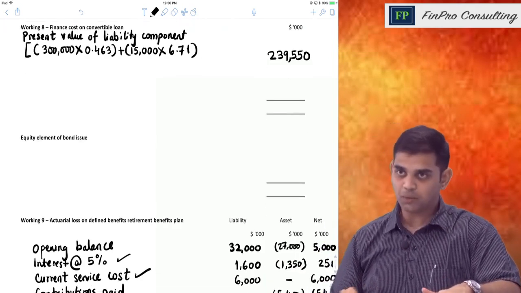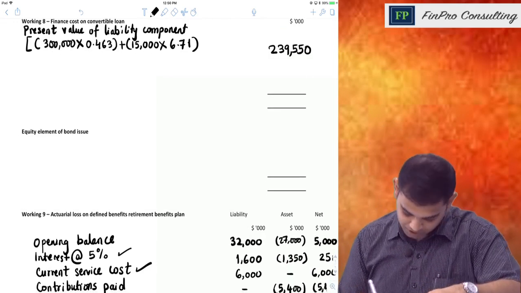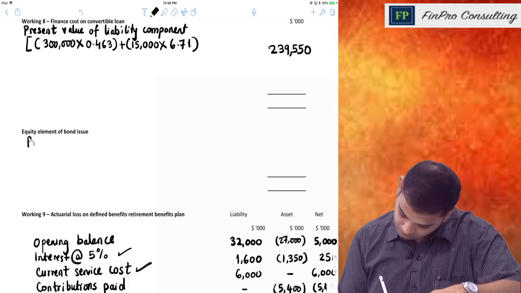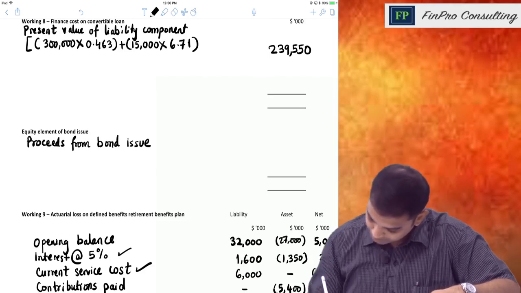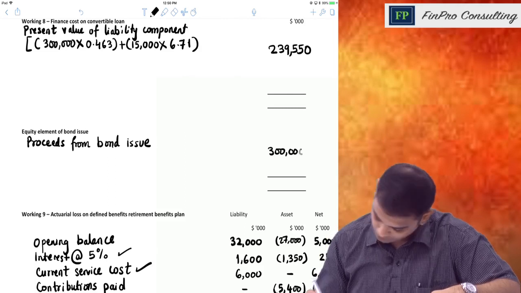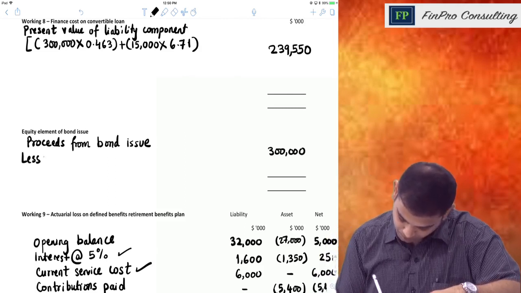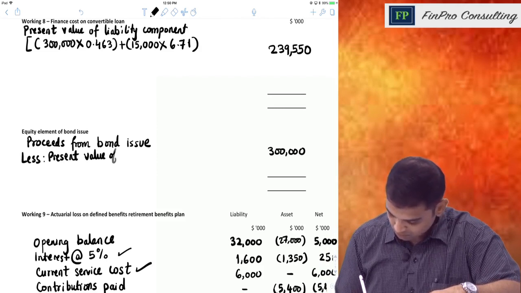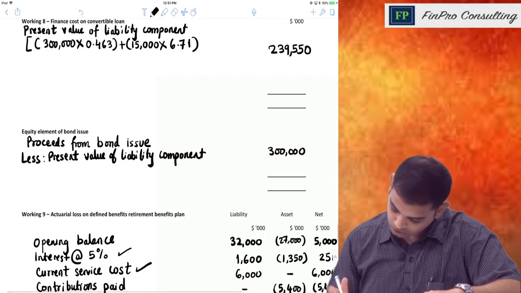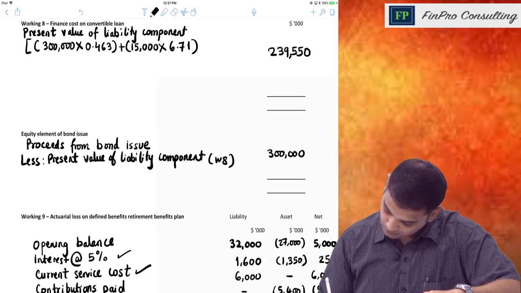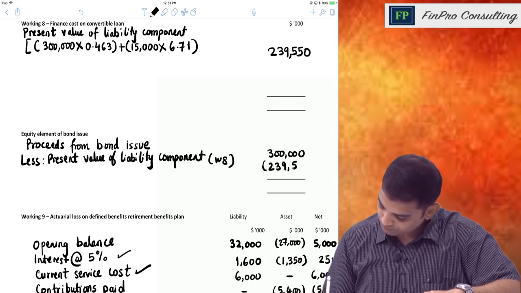So let's compute the equity component. First, proceeds from bond issue, 3 lakh, less present value of liability component coming from working note number 8, 239,550.